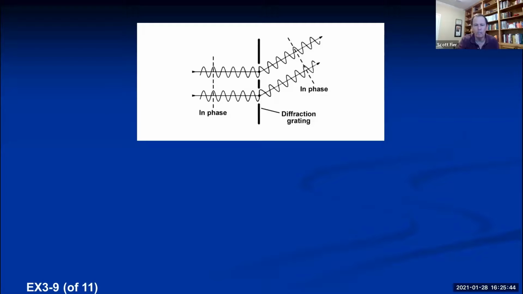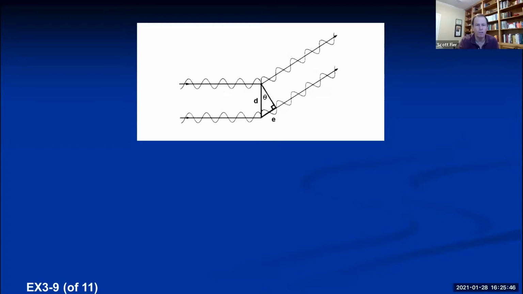Now, what determines that? I'm going to focus in right there on the diffraction grating. Here are the two waves of red light coming into the diffraction grating. They bend at that perfect opportune angle. Well, if you draw a little right triangle here, then this length of the side of this triangle has to exactly equal one red wavelength so that it exactly catches up with the red wavelength above.